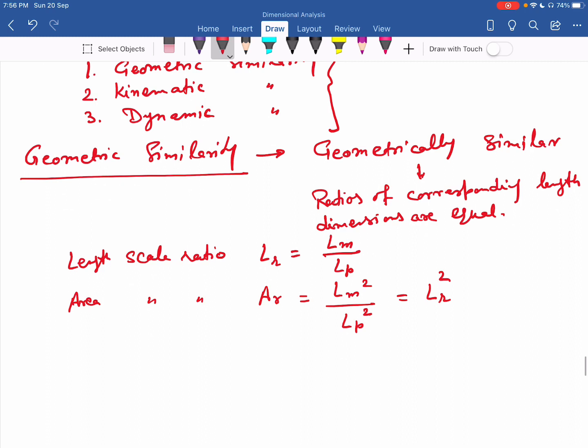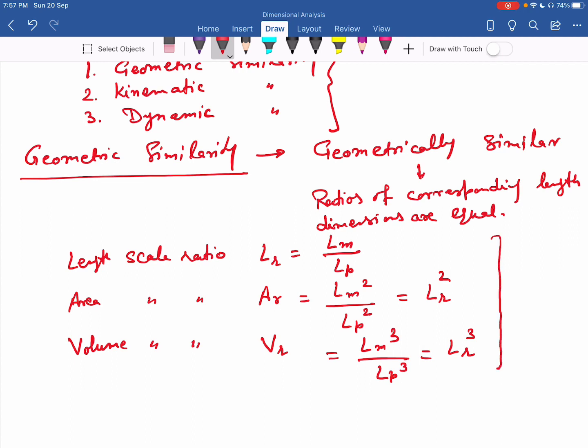And there is a volume scale ratio, VR, which we write as LM cube divided by LP cube, or LR cube. These scale ratios are to be established between the model and its prototype. Then you can say there is a geometric similarity between the model and its prototype.